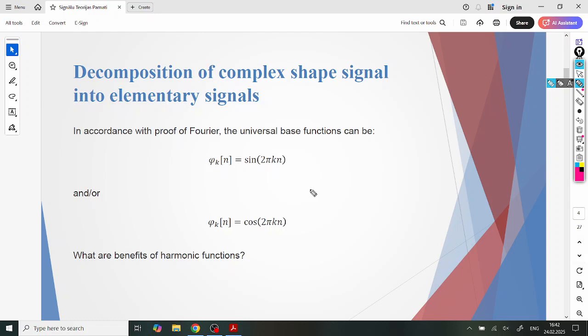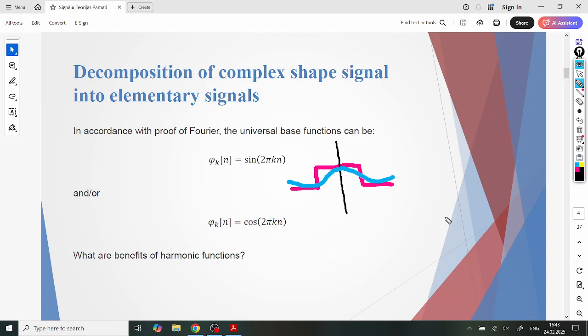Say, for example, I have this rectangular shaped signal centered around 0, like so. Then my main harmonic, which I can describe the signal with, would be cosine, and all the other components are going to be cosines.